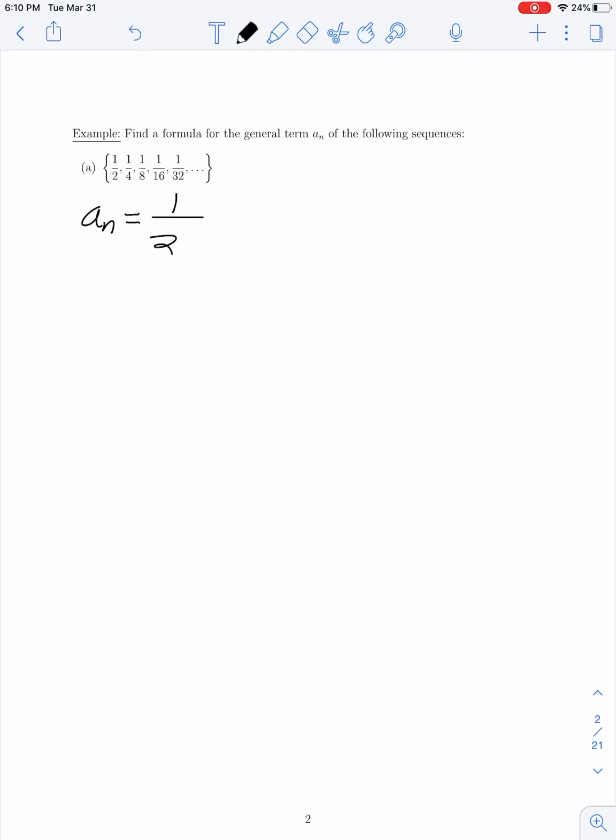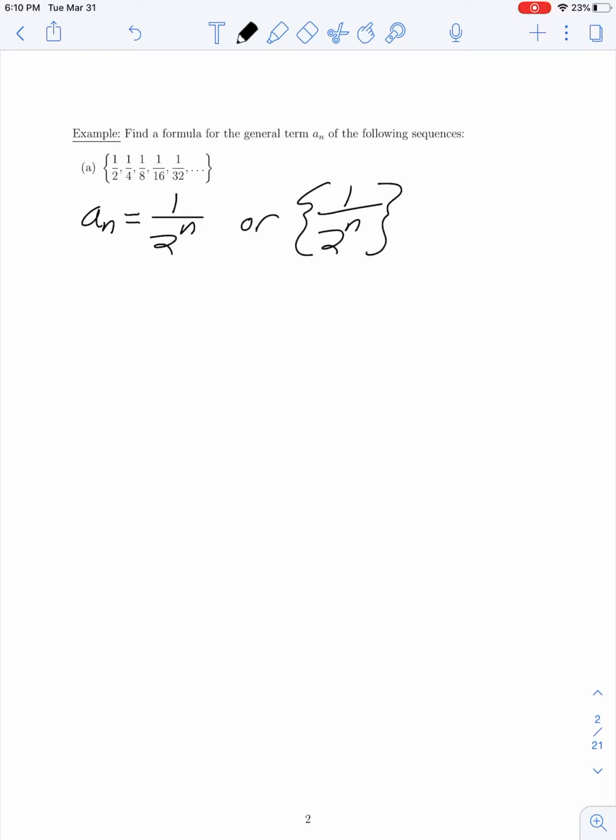So in general, the nth term of this sequence would have the form of a fraction 1 over 2 raised to the nth power, where in this example, we would have n starting at 1, so that our first term would correspond to our 1/2.